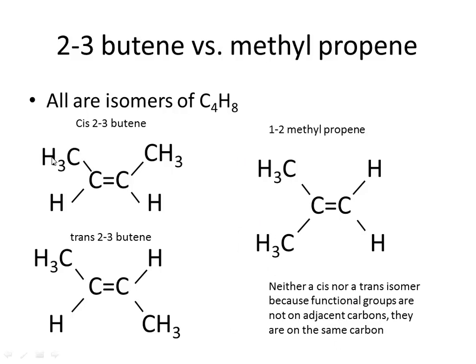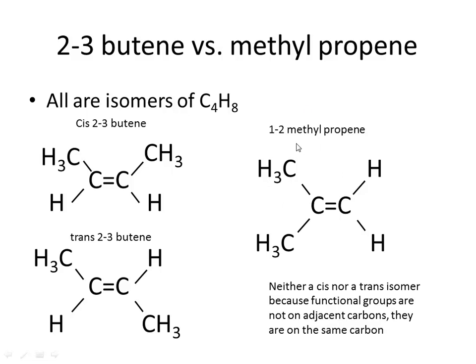So here you can make it a bunch of different ways. You can make cis-2-butene. The 2 refers to where the double bond is, so it's between the second and the third carbon. So cis-2-butene, and this is trans-2-butene. You can make them in two different ways. You can have the CH3 groups, the methyl groups, on the same side of the double bond or on opposite sides of the double bond.